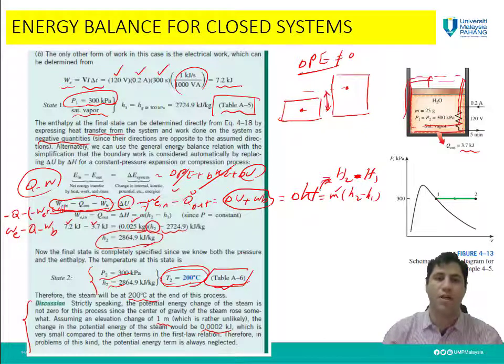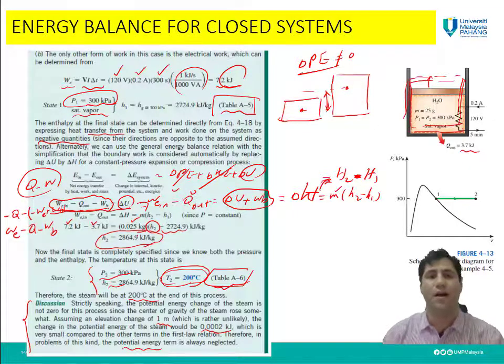The electrical work which we have is 7.2 kilojoule. So you can see how small this change in the potential energy is. And our assumption just causes a very small error for the result. So according to this explanation, you can see we can always neglect the potential energy for such a system, which includes a piston-cylinder for a closed system.